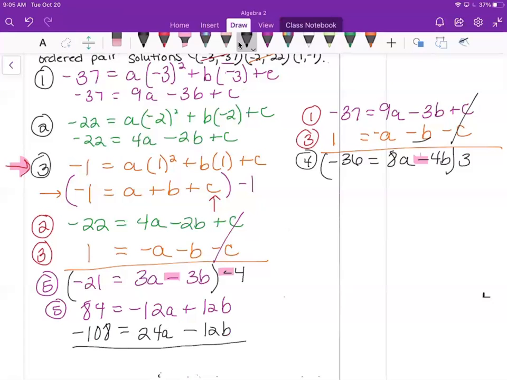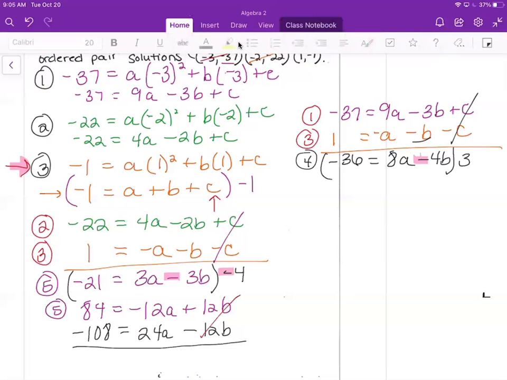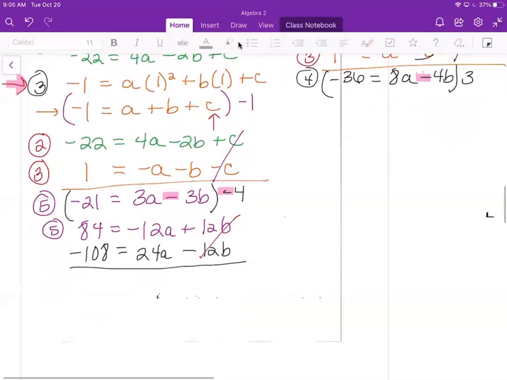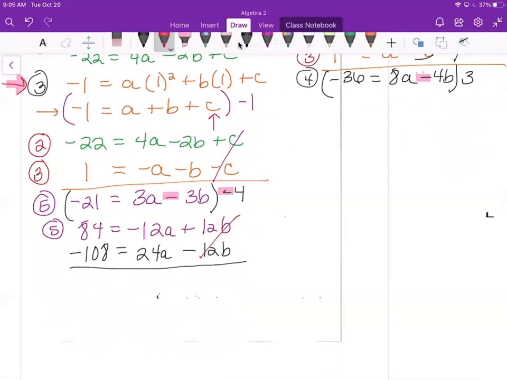Again, when you're doing elimination, one should be the exact opposite of the other. If it's not, go ahead and look back and see what you multiplied by and fix it. And that's why I always like to write my steps so that I can easily go back and see what I've done wrong.